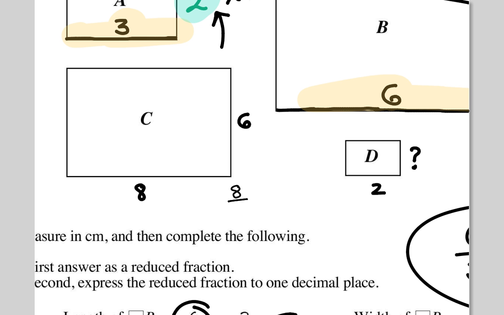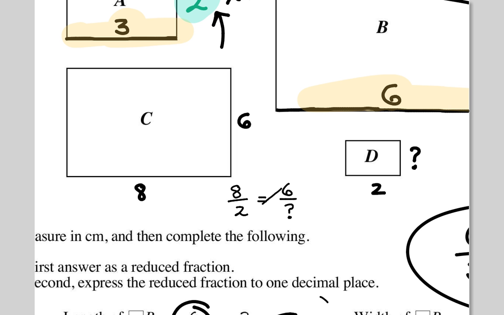8 goes with 2. Do you agree? Therefore, 6 goes with question mark. When you have that structure, fraction equals fraction, you must cross multiply.